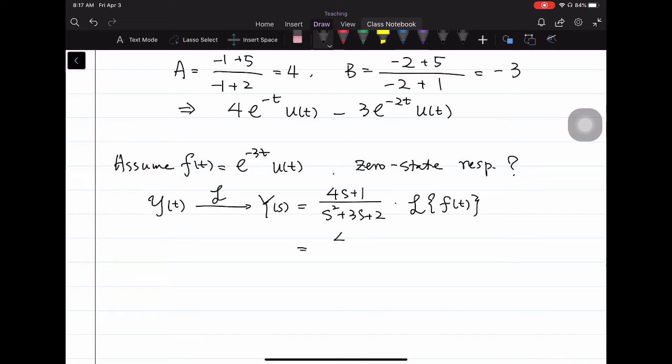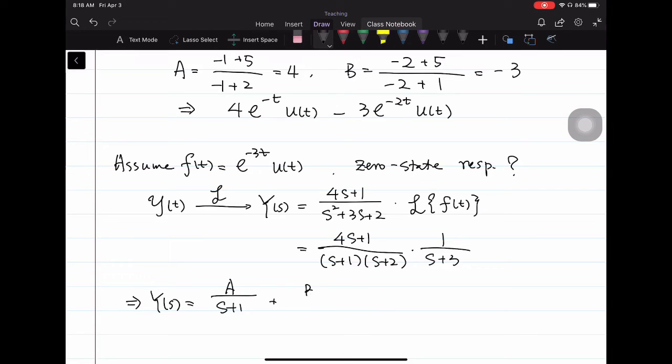And in this case, it will be 4s plus 1 over s plus 1, s plus 2, times 1 over s plus 3, which is the last term. So using partial fraction expansion again, we know Y of s should be, in this case, with 3 terms, A over s plus 1, B over s plus 2, and C over s plus 3.